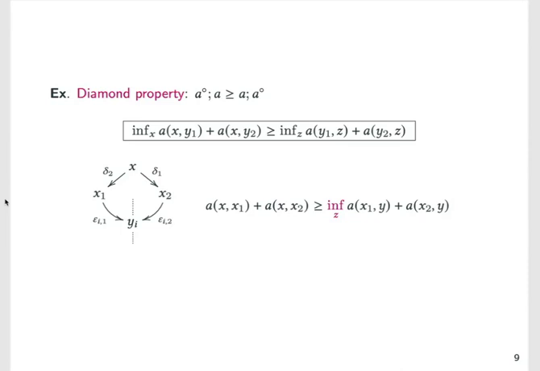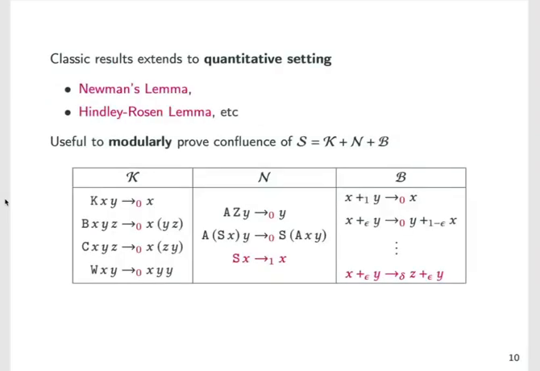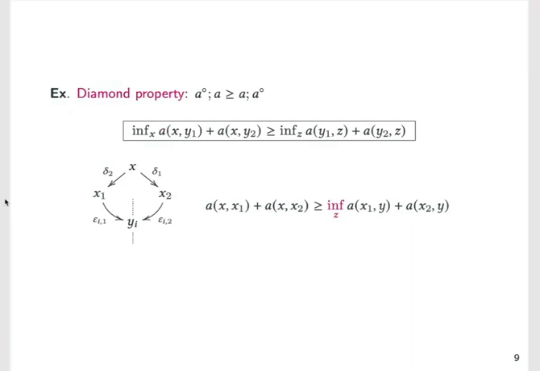And in particular, there may be no common reduct that gives us this upper bound property, but it's something that we can achieve only in the limit, so only by looking at the infimum, which is something that we do not have when we look at traditional rewriting.